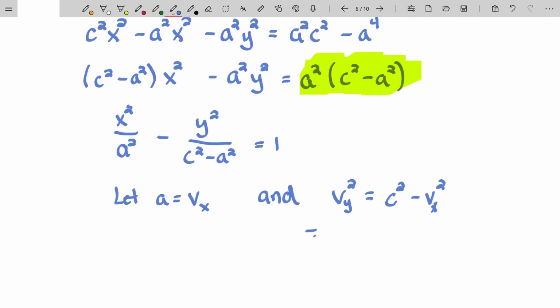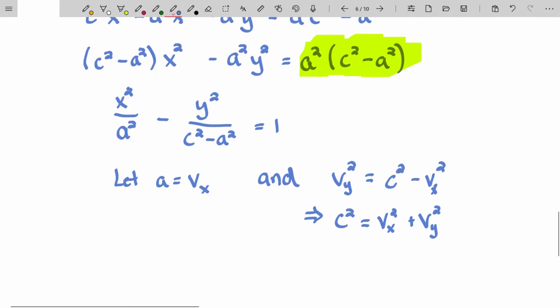That is, c squared is going to be equal to v sub x squared plus v sub y squared. So far, so good. All I did was move that to the other side.